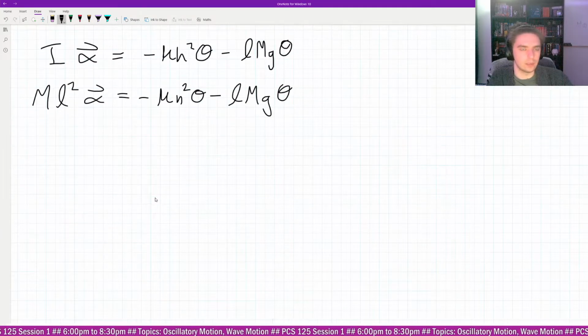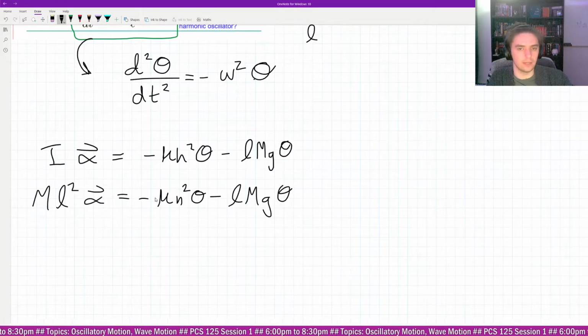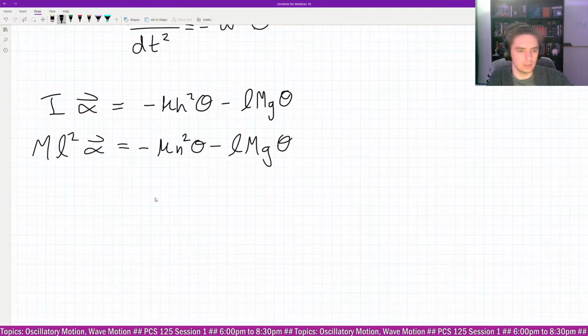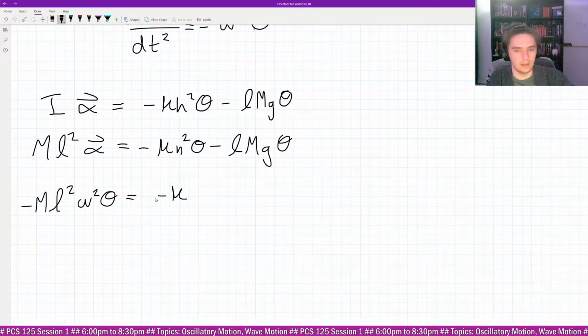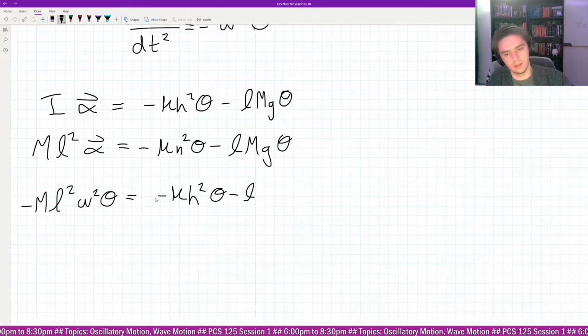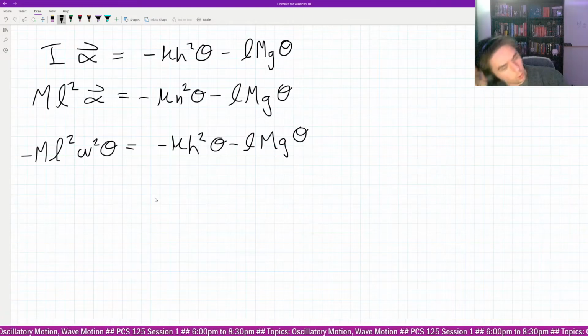Then I want to replace alpha with negative omega squared theta. So this is negative mL squared omega squared theta equals negative k h squared theta minus L mg theta. And now we just rearrange for omega.